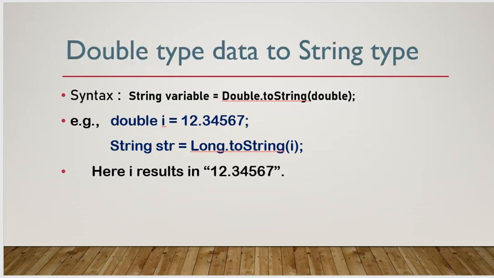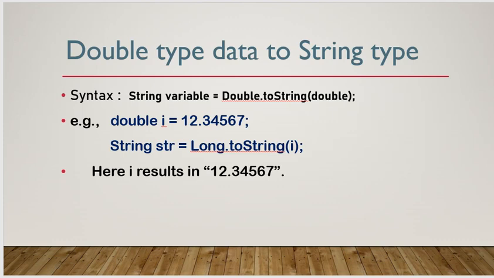So our next function is double type data to string type. Similar to float, we can also convert any double data value into its corresponding string data type. In that case, we just have to use the function Double.toString. So any double value gets converted into its corresponding string value, that means within double quotes.